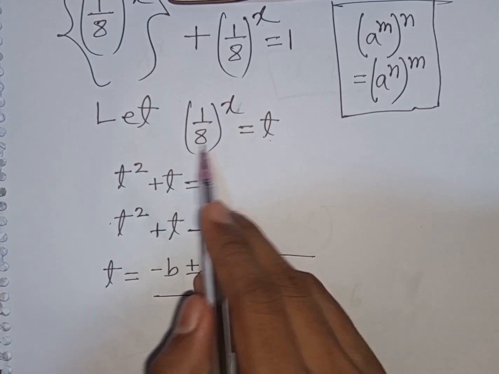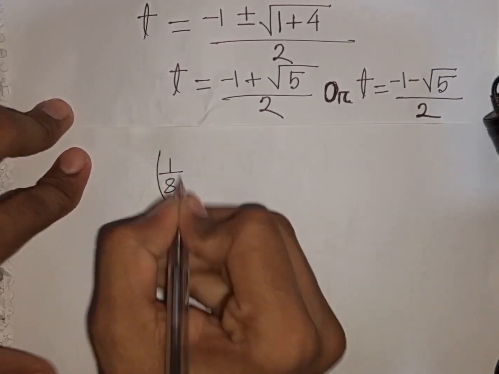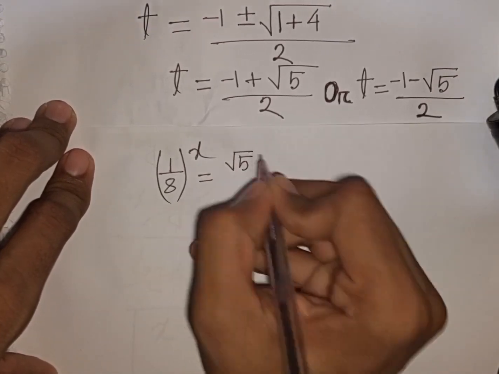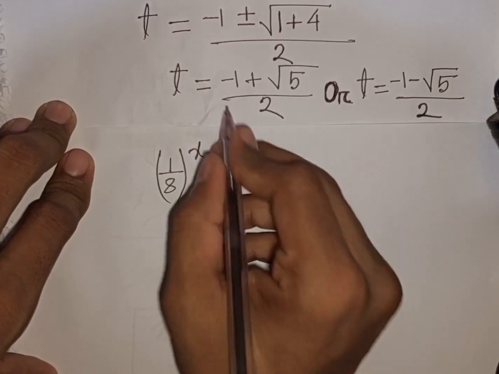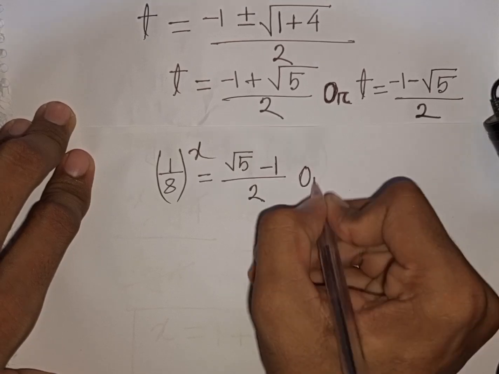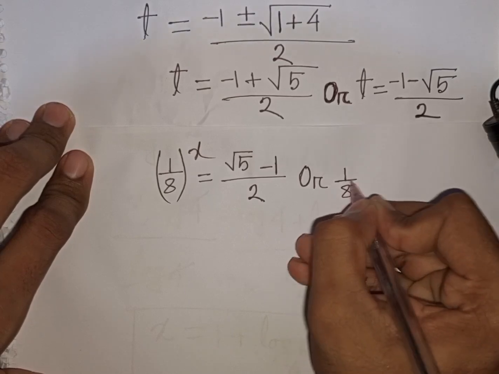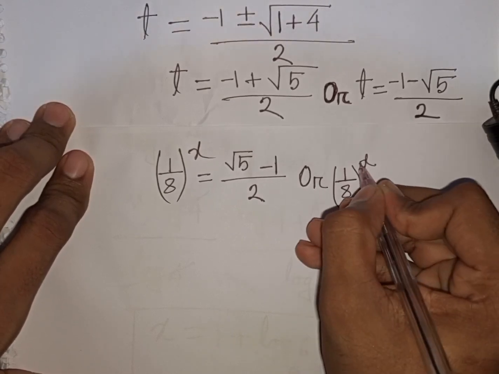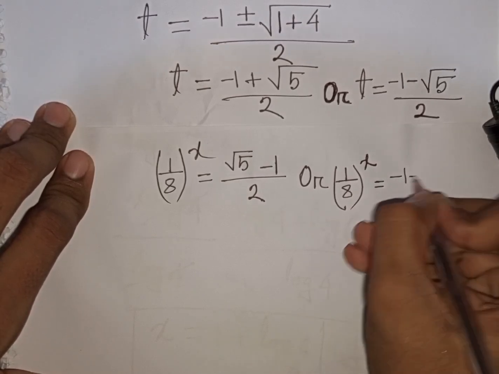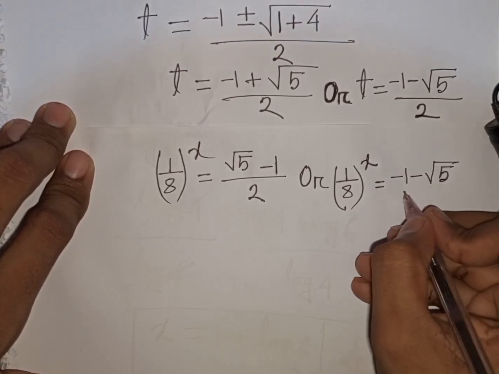So, (1/8)^x is equal to the square root of 5 minus 1, divided by 2, or (1/8)^x is equal to minus 1 minus the square root of 5, divided by 2.